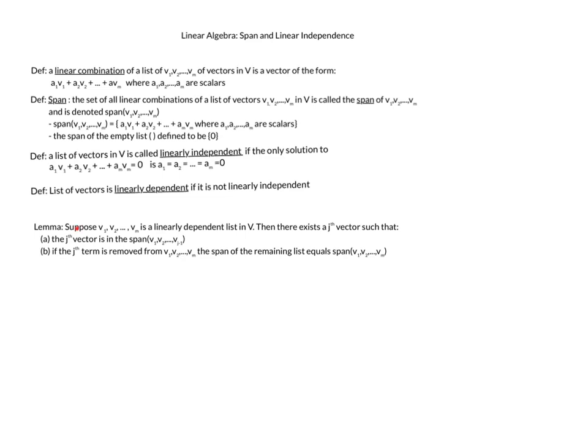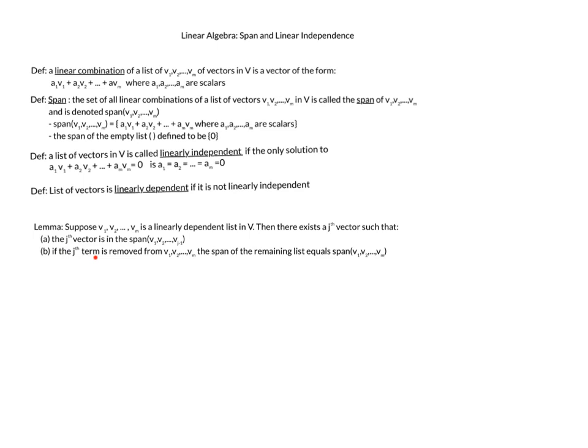Next we have this lemma. Suppose you have a list of vectors and it's a linearly dependent list in V. In other words, one of the vectors can be written in terms of the others. Then there exists a jth vector such that the jth vector is in the span of the other j minus 1 vectors.